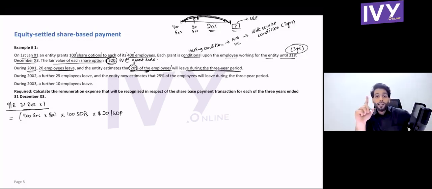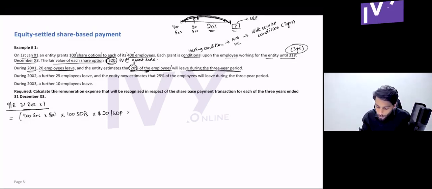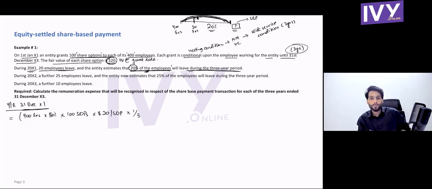That means only 1 year has passed. If only 1 year has passed, we can only recognize an expense which is equivalent to 1 year. We cannot recognize the whole SOP expense. Make sense? So what we'll do is we'll multiply this by 1 into 3.